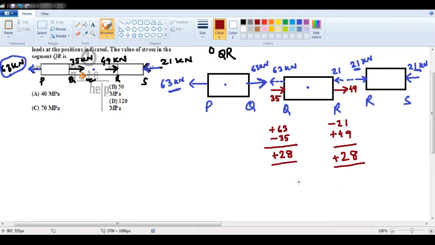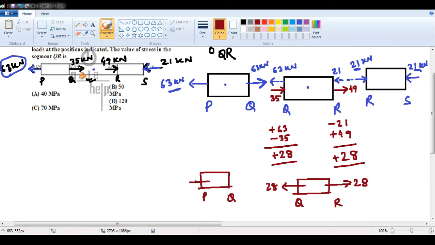So we can say that section QR is plus 28, so it should be tensile: 28 and 28. Whereas the first and last sections have already been assigned: PQ is tensile 63, 63, whereas RS is compressive with 21 kilonewton.